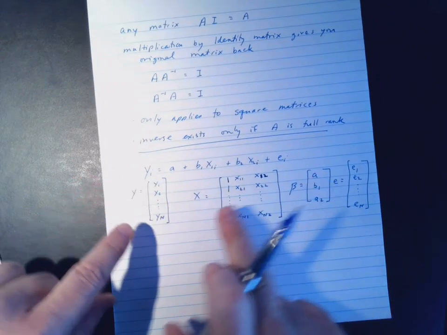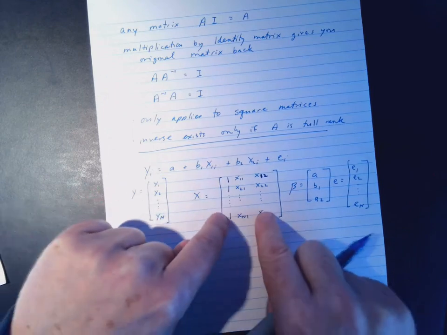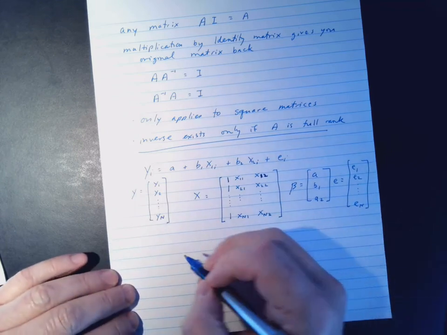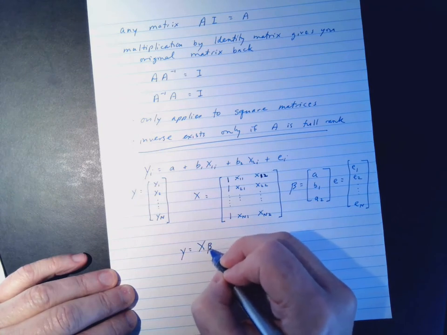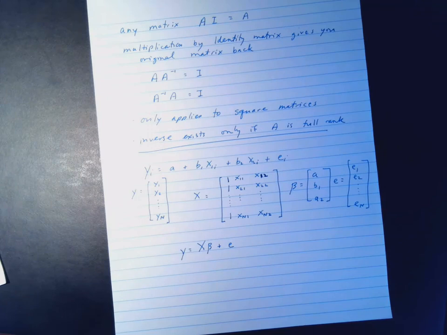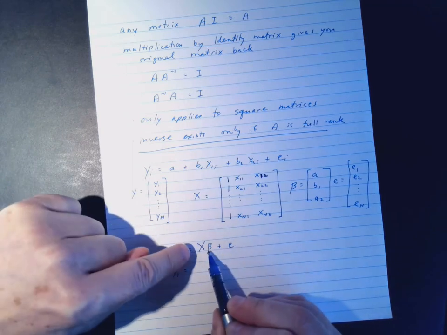So I've just taken the data and represented them as a vector, matrix, another vector, another vector. And now I can write this out as y equals x beta plus e. And this is in matrix notation. So the first row is going to be y1 equals, okay, so let's do the multiplication.